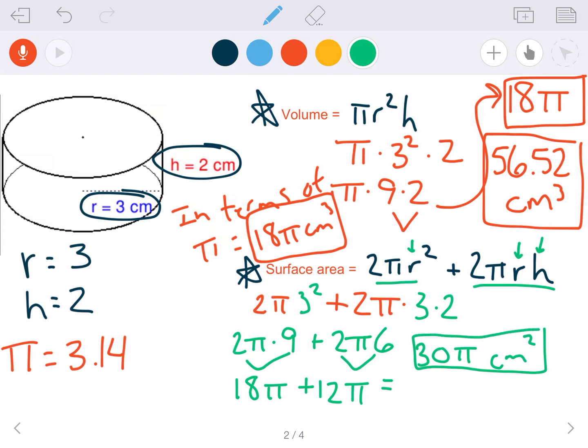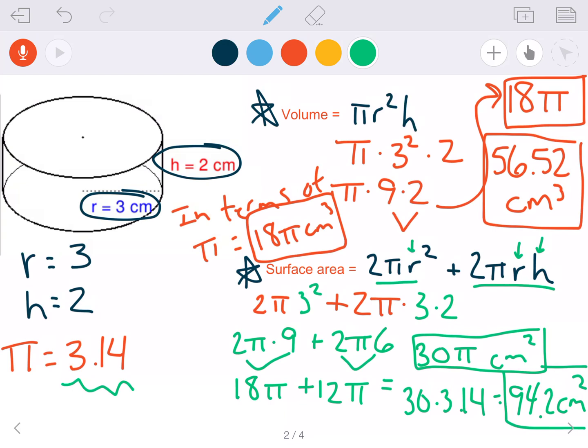Otherwise, we can take our 3.14. So 30 times 3.14 is going to give me 94.2 centimeters squared. Again, both of those answers are correct. It just depends on what it's asking for.